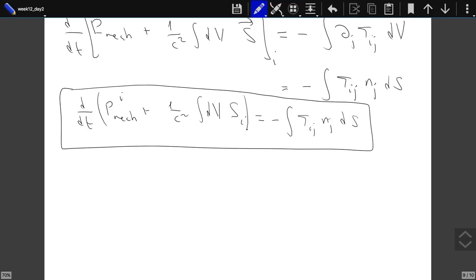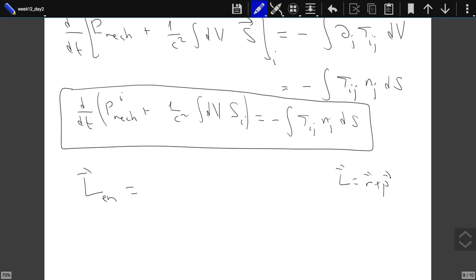You can basically do the same thing for the angular momentum. The angular momentum will also be conserved. And it will be conserved because there will be an angular momentum of the fields. And the angular momentum of the electromagnetic field, so what should it be? You see, L is r cross p for a point particle.